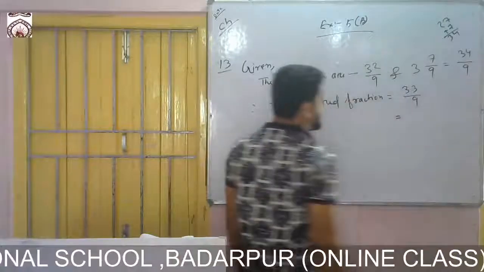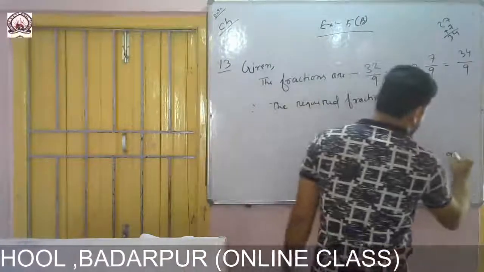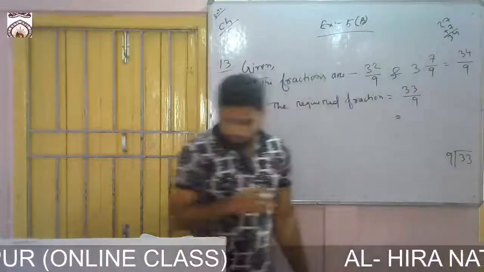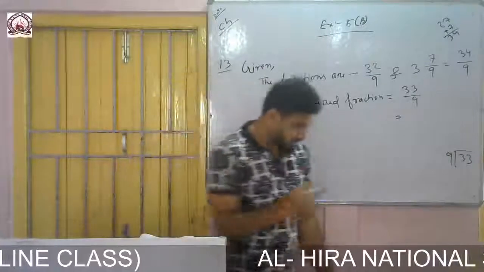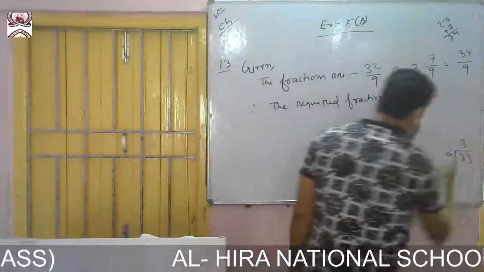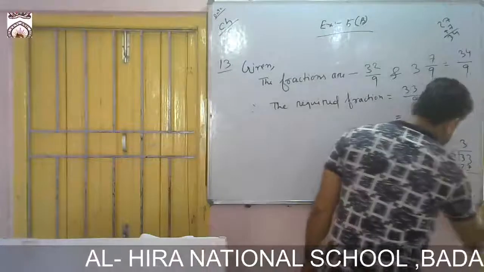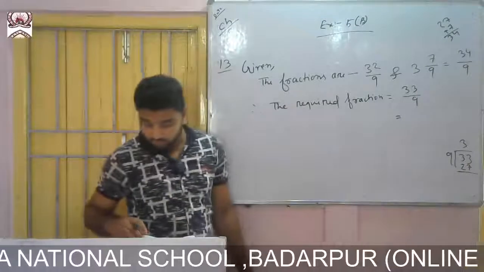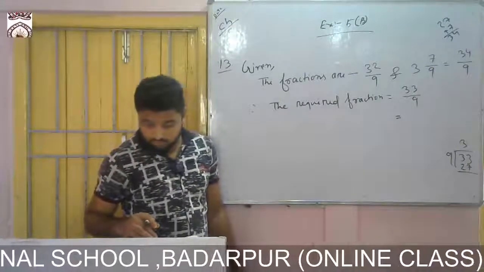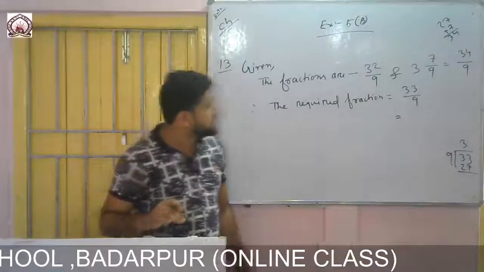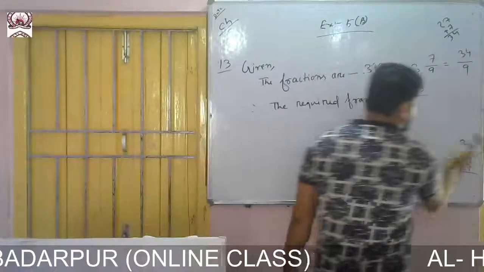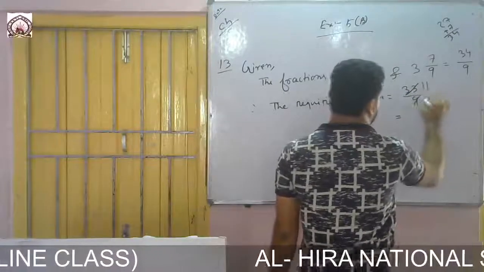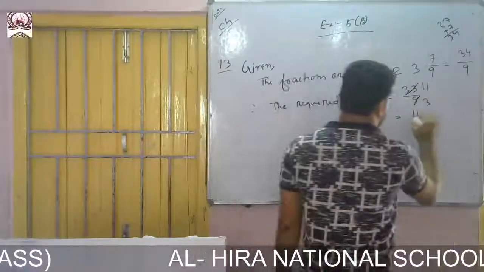Now if I make it, 9 33, 3 nines are 27. You can cancel it. With 3 you can cancel: 3 elevens are 33, 3 threes are 9. Now 11 by 3.